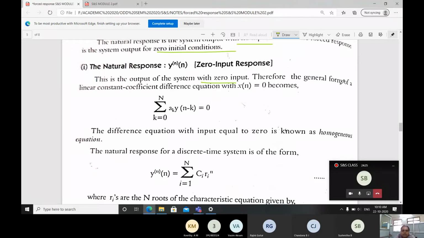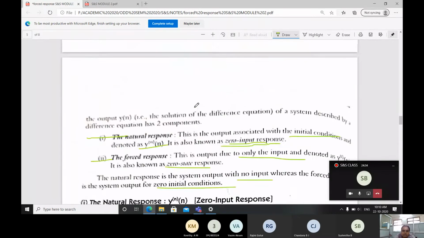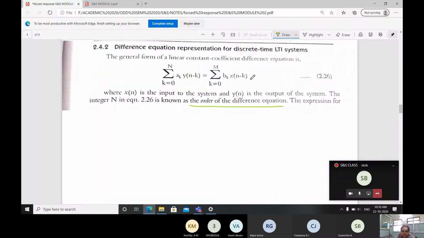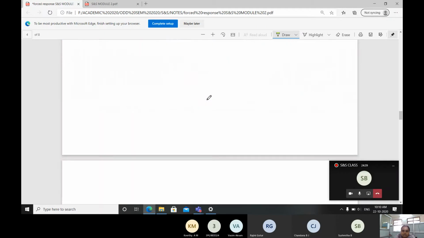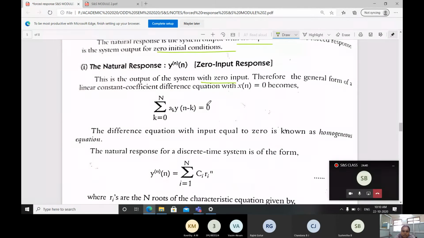Therefore, in the general form of a linear constant coefficient difference equation with x of n equal to 0, the whole right side will be 0. Therefore, summation k varying from 0 to N, a_k y of n minus k, is equal to 0.